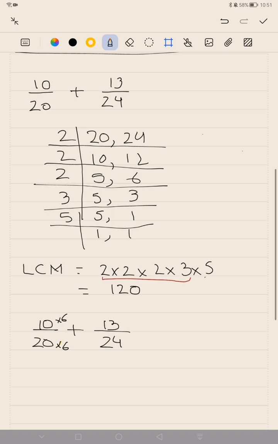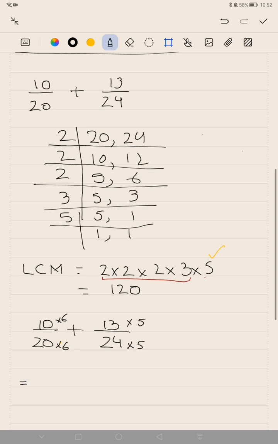Now what is left over in these factors? 5 is left. It means I am going to multiply 24 by 5 to get 120. As a rule, I will also multiply 13, the numerator, by 5.